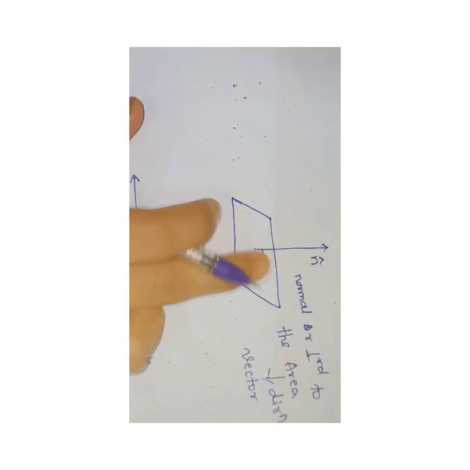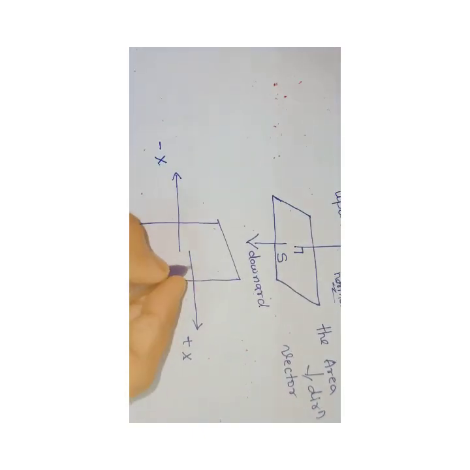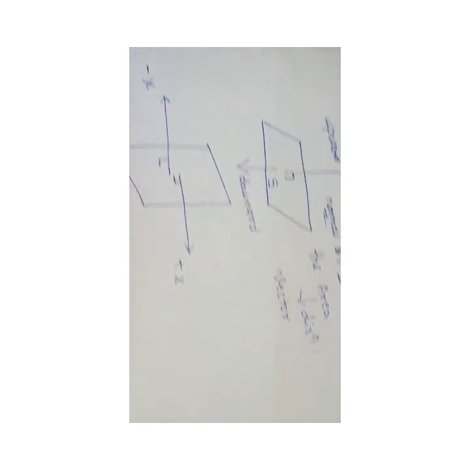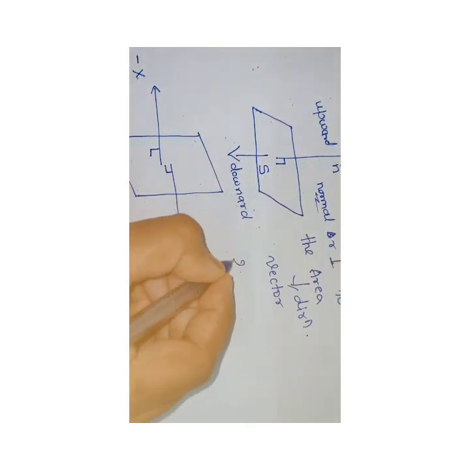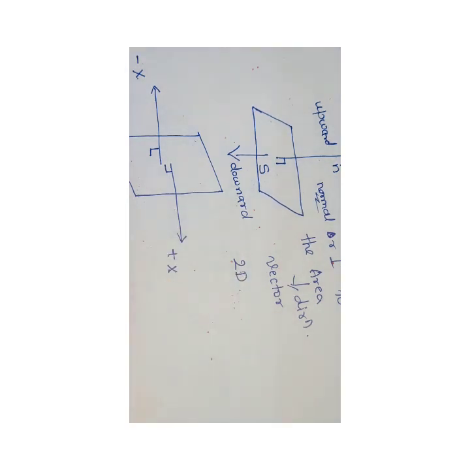Similarly, in this particular diagram also you can take upward direction, or you can take downward direction, but the condition is what? It should be normal to the area. See here, is it not making an angle of 90 degrees over here? Normal, right? Such surfaces we call 2D surfaces, two-dimensional surfaces, or open surfaces.